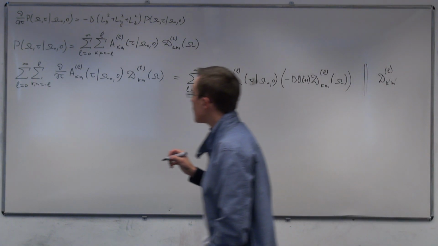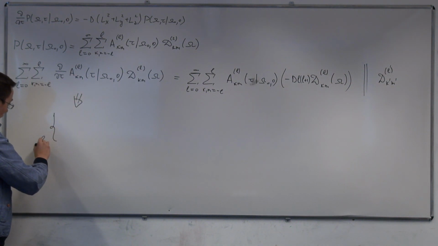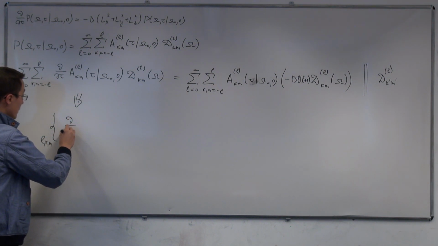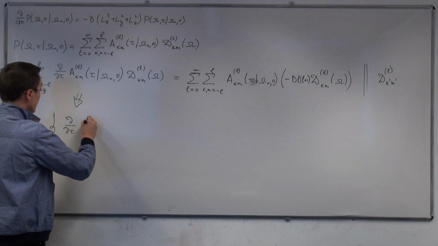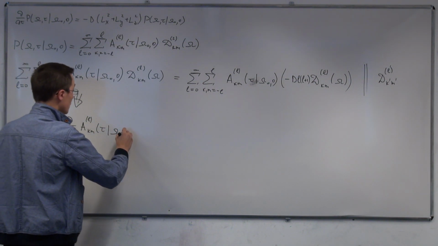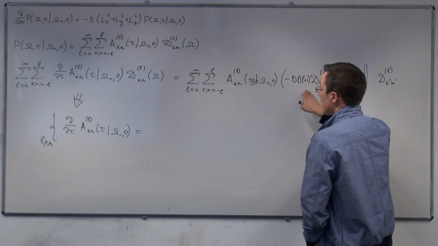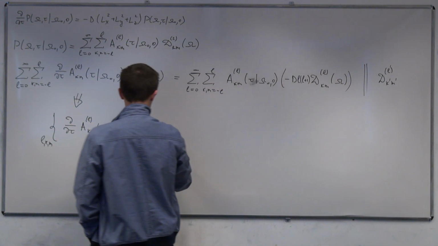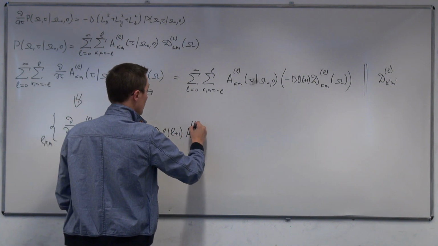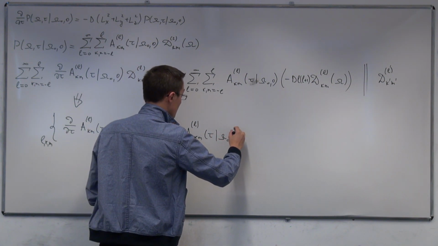And so what we then get out of this is individual equations that would be a system over all L, k, and m of the following type: d by d tau of A_{Lkm}(tau, omega naught) must be equal to this thing where only one term survived, that is minus D L(L+1) A_{Lkm}(tau, omega naught).